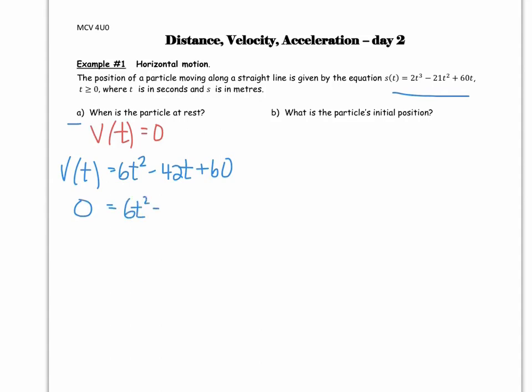And of course this is a quadratic, so I'm going to try factoring, and if factoring didn't work, then I would try the quadratic formula. And I believe factoring is going to work here. You try it yourself.